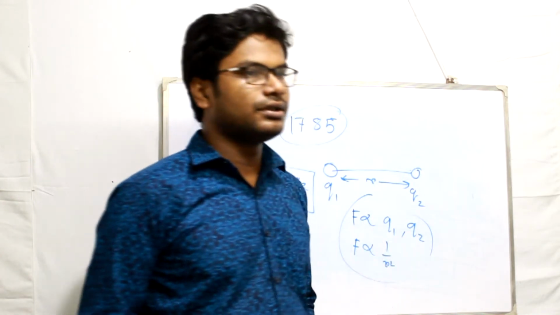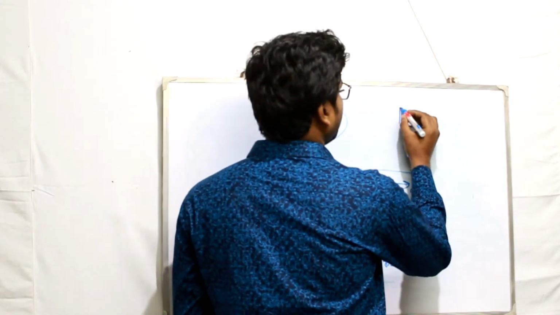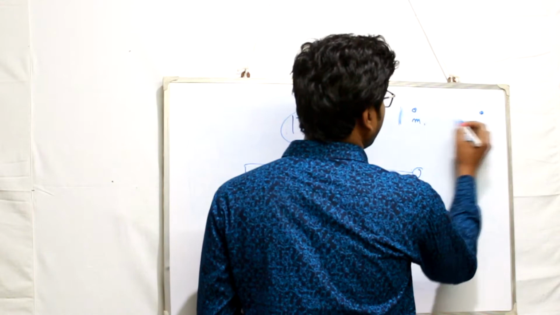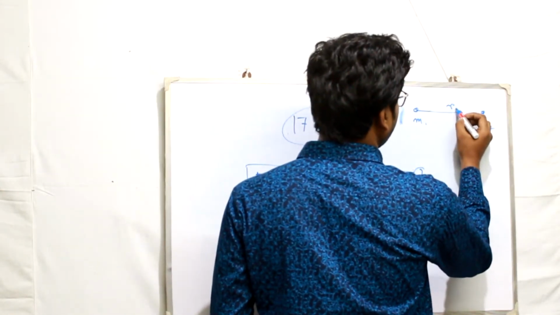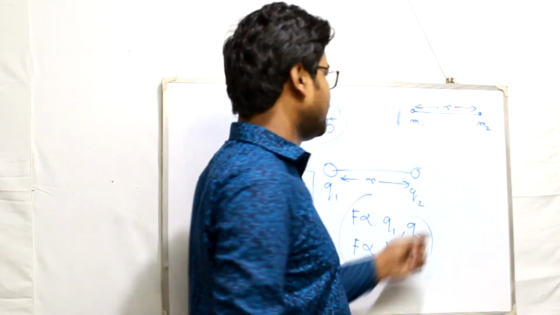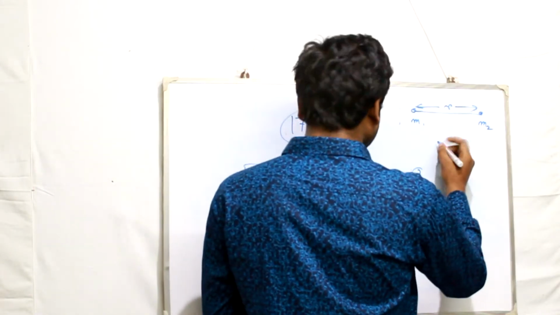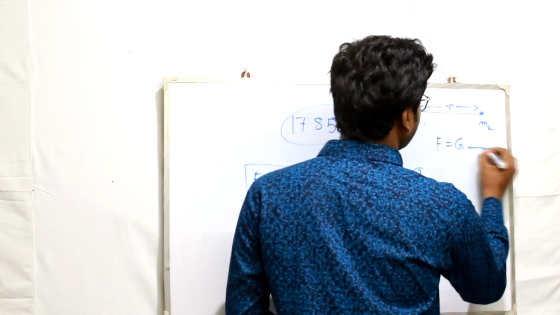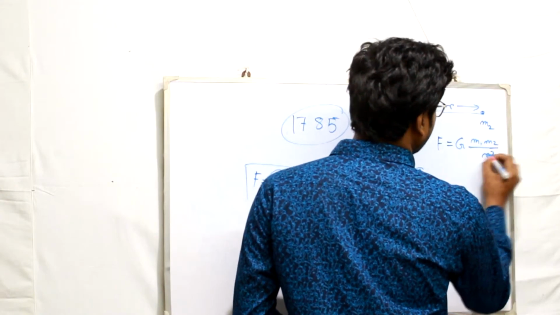This law is similar to the law of gravitation, where if there are two point masses, m1 and m2, the force of interaction between them is proportional to 1 by r square, where r is the distance between the two point masses. So F equal to G m1 m2 by r square.